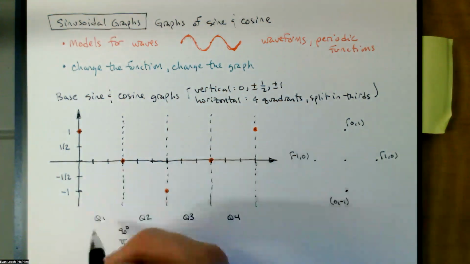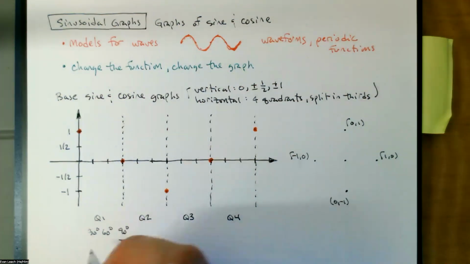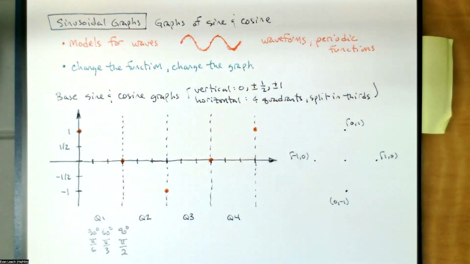So the thirds are at 30 degrees and 60 degrees, or pi over 6 and pi over 3 radians. So I've got 1 pi over 6, 2 pi over 6, 3 pi over 6 as my 3 evenly spaced thirds of that first quadrant.